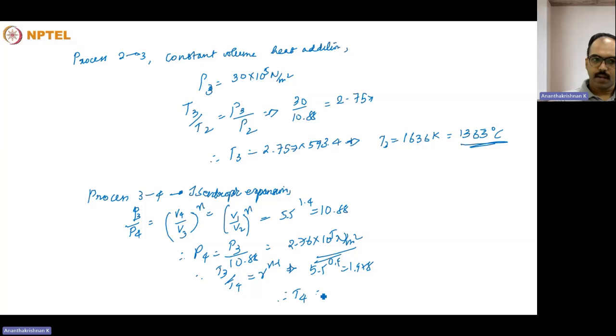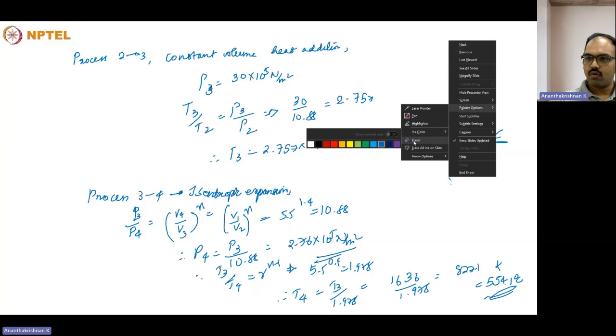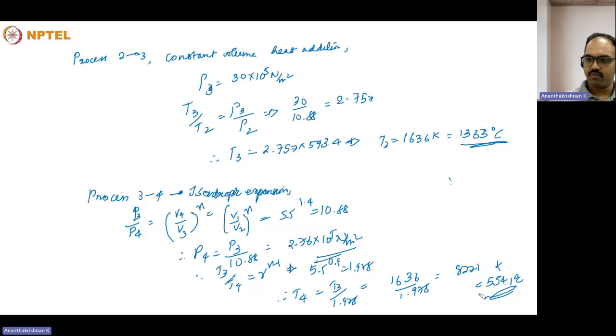Therefore, T4 equals T3 divided by 1.978. So we have got the temperature at the fourth point as well. So we have calculated the pressure and the temperature at all the salient points 1, 2, 3, and 4.